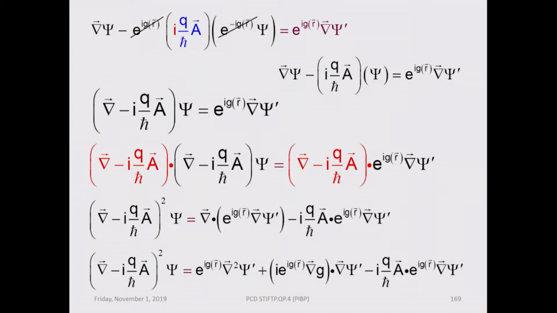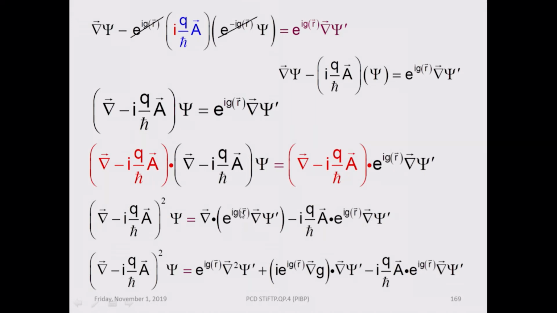So if you look at the first term, which is this. This is the divergence of a product of a scalar function which is e to the igr times a vector function which is del psi prime. So this is the divergence of this product.